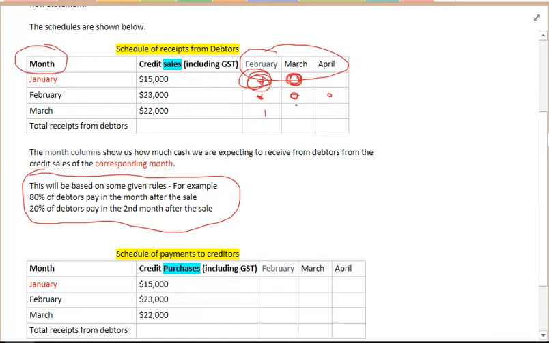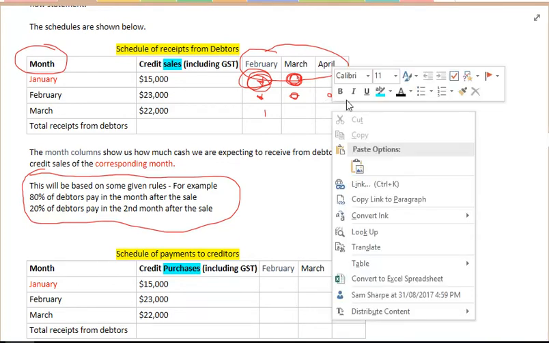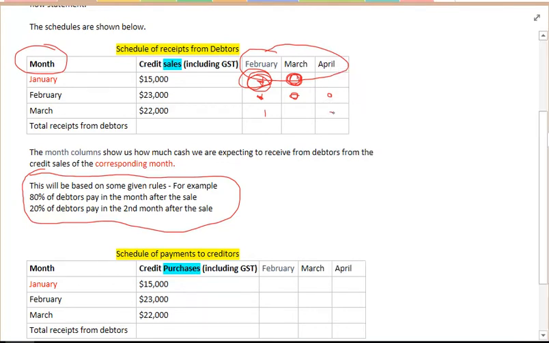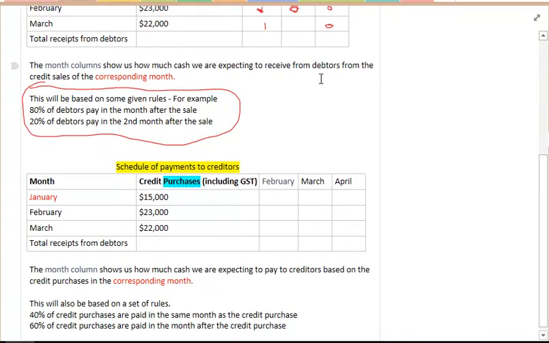In March, we're not going to collect any of the March credit sales. We're only going to collect our 80% in April. The last 20% will be collected in May. But as we don't have a May column, we don't have to worry about that now.